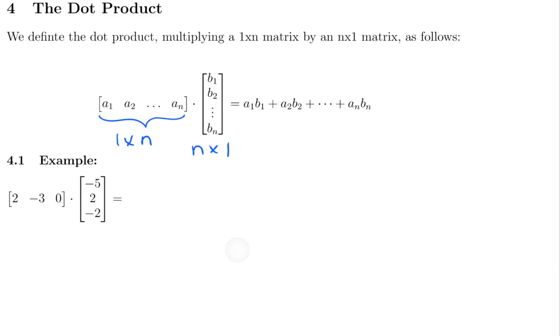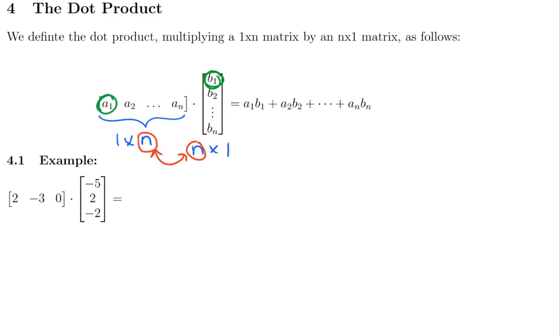And so the thing that we're checking for is these inner dimensions always have to be the same. Okay, so if you ever are multiplying two things together and those inner dimensions don't match, then the multiplication won't be possible.